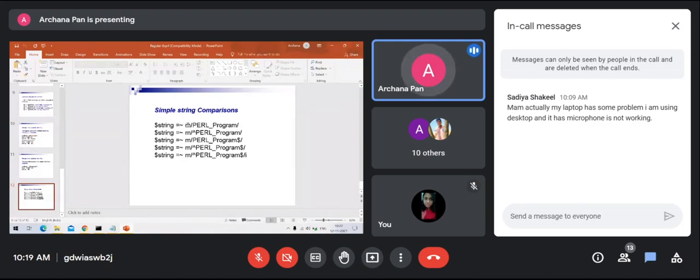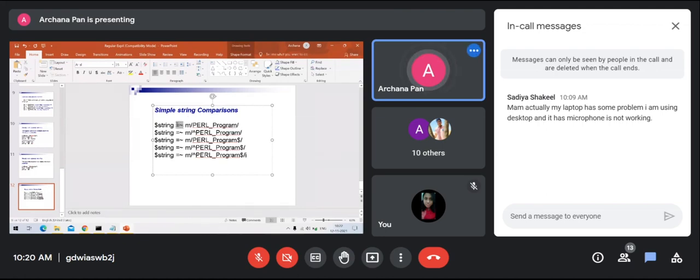So I already taught you this one. You tell me what it means, because I already taught this part. It will match a string that has PERL_program together. This is the match operator, and without this one also it would work.